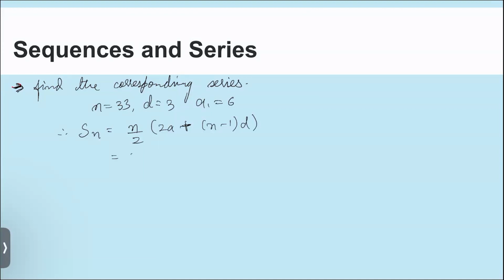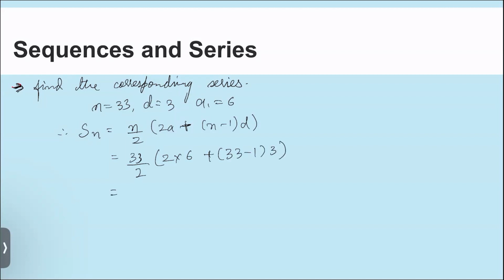Okay, so this will be 33 divided by 2, times (2 into 6 plus (33 minus 1) times 3).